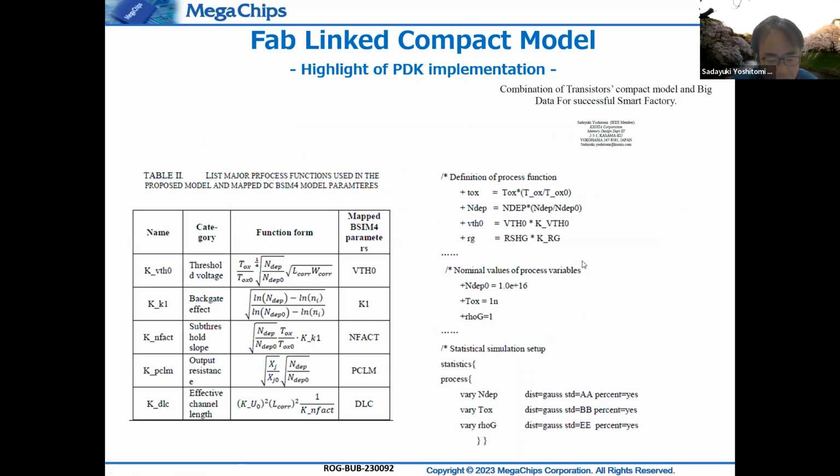And this shows the actual integration example into the PDK, where changes in multiple model parameters are expressed. This is part of the BSIM model parameters, written here. And this functional form is represented by the process parameters that belong to the big data set.